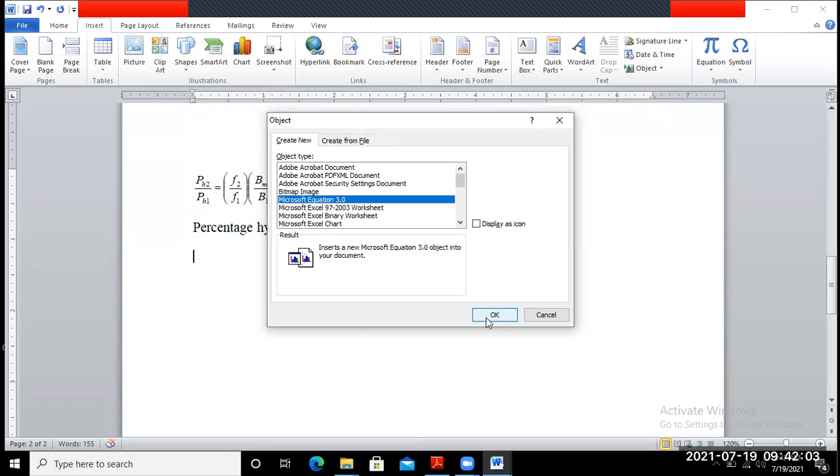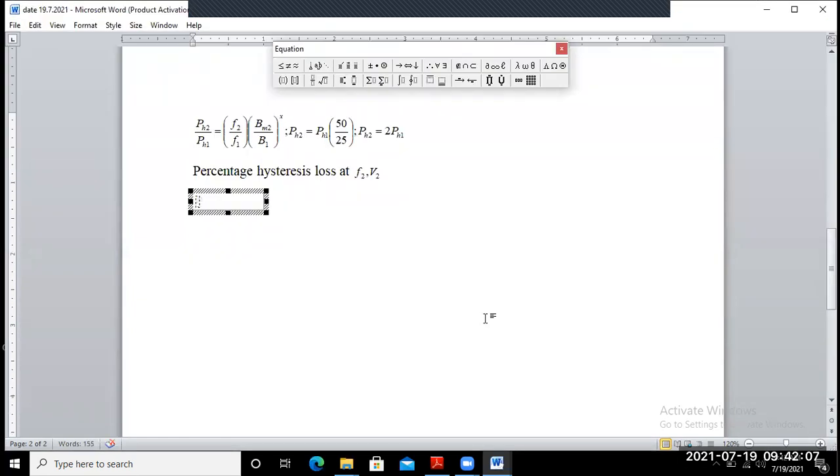What is the value of Ph2 in terms of Ph1? 2 times of Ph1, divided by P2 equal to 2 times of P1.